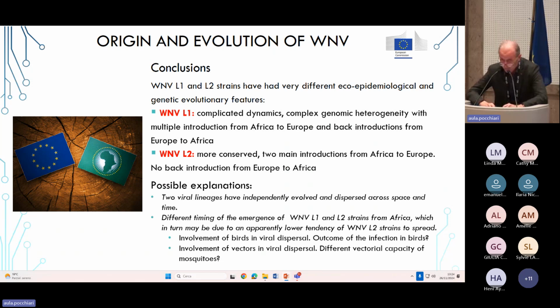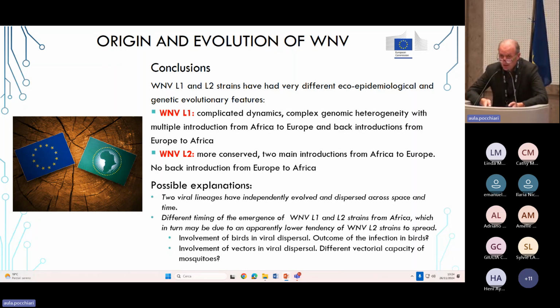Why? There are several possible explanations. Probably the 2 viral lineages have independently evolved and dispersed across space and time. There was a different time of emergence of lineage 1 and lineage 2 strains from Africa, and it appears that lineage 2 has a lower tendency to spread.